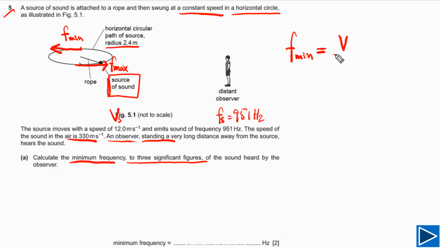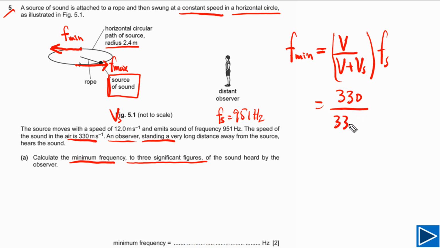So f minimum is equal to v over v plus vs times the frequency of the source. V is the speed of sound, vs is the speed of the source, 12 meters per second, and the frequency of the source is 950 hertz. We simply need to solve this to find the minimum frequency observed by this listener.